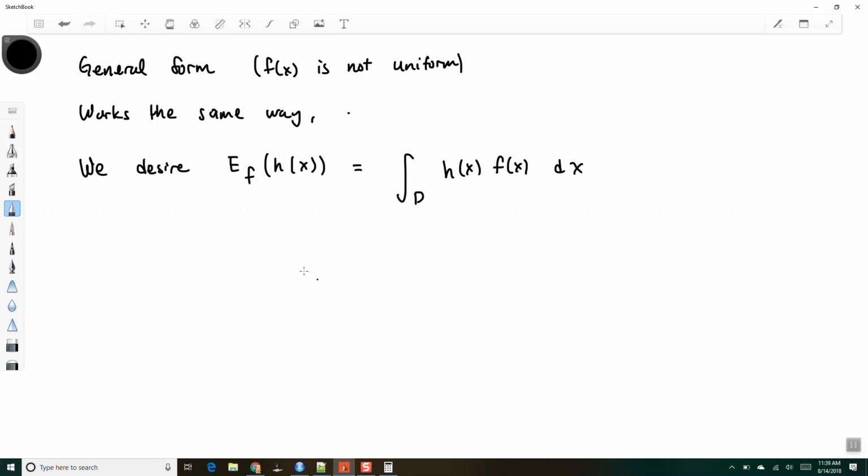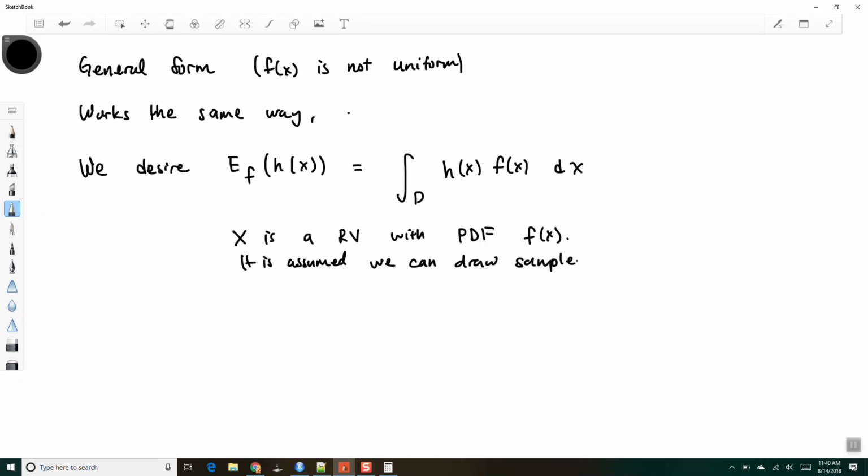And so x is a random variable with PDF f of x, and it is assumed we can draw samples from f of x.